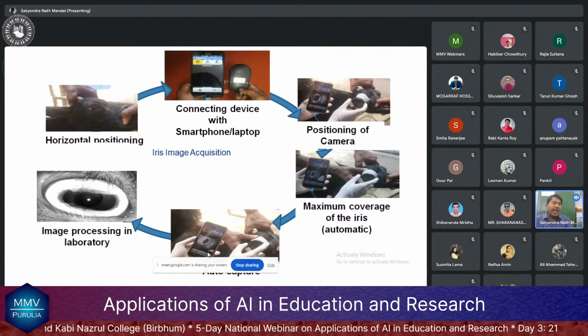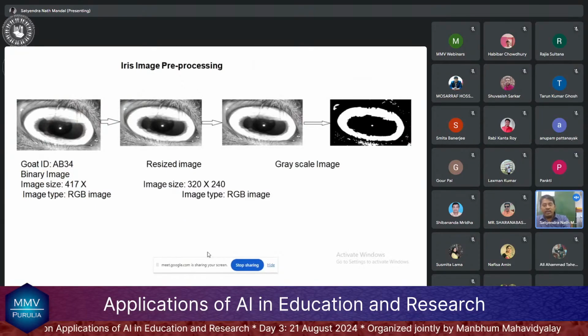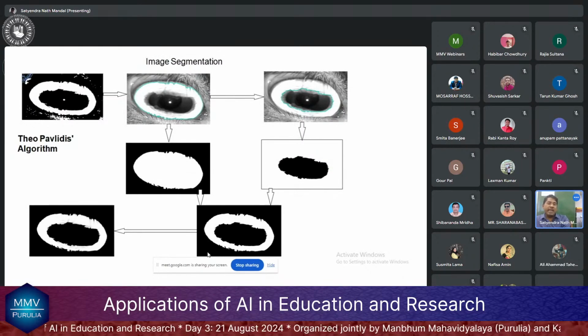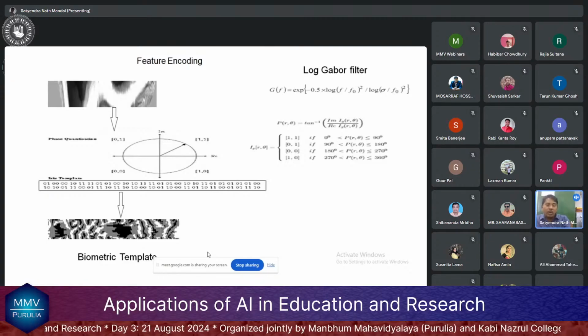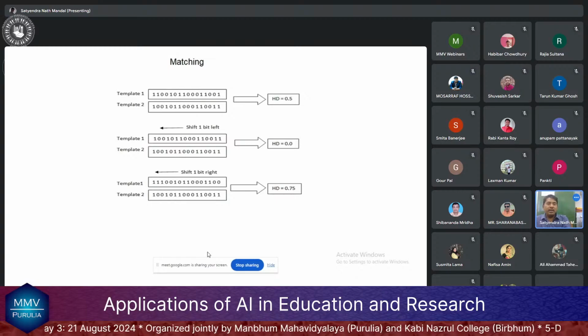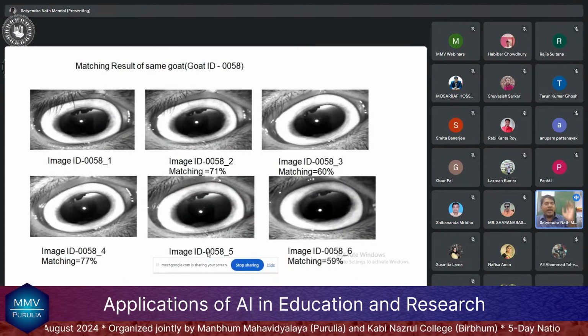If the position of glare changes, then the pattern will change. Then these are the whole steps: pre-process the image, segment the image, normalize the image, encode it to get the template, finally match it, and this is the match.